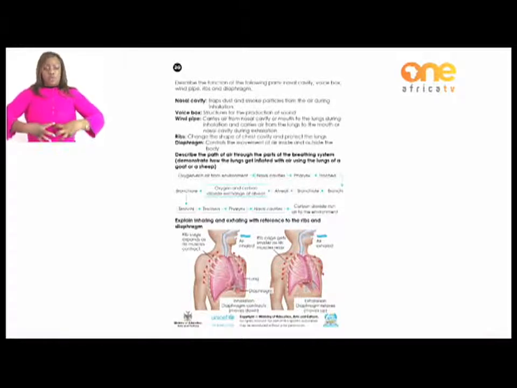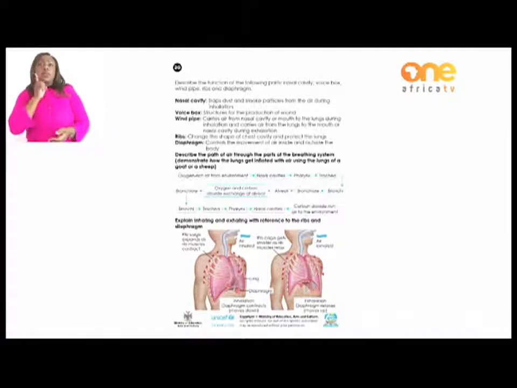It is actually one function, but it works in two ways. It carries air down to the lungs from the mouth and the nose. And at the same time, when you're breathing out, it helps the air move from the lungs to the mouth and the nose. We can say that the windpipe is a connection between the outside parts of our breathing system and the inside part of our breathing system.